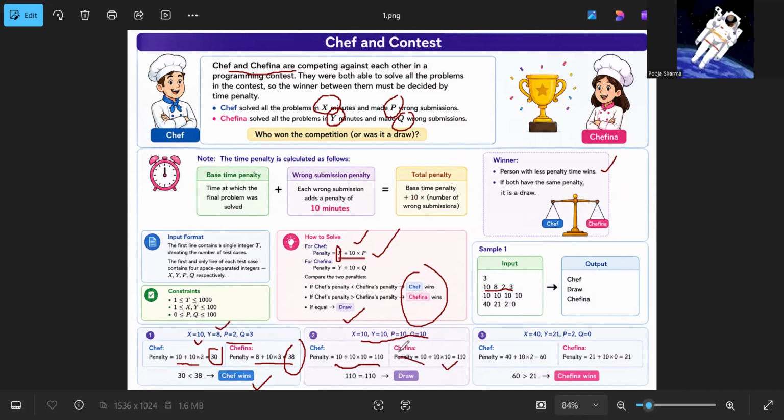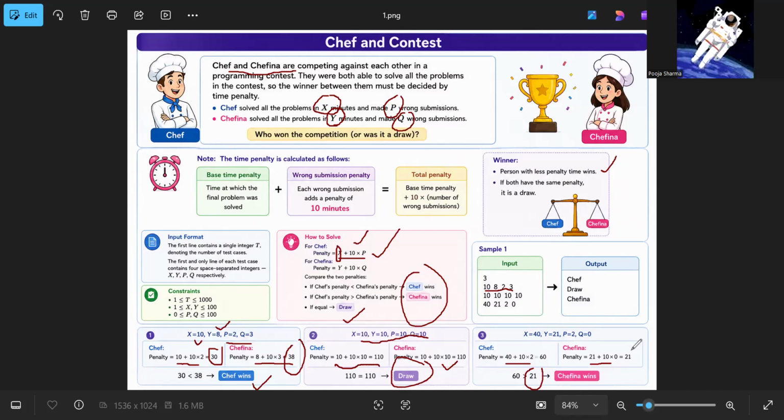That is a draw. Now next is, will Chefina win or not? Here X value is 40. 40 plus 10 multiplied by 2 will give you 60. And 21 plus 10 multiplied by 0 will give you 21. So here Chefina will win because she has a lesser penalty time.